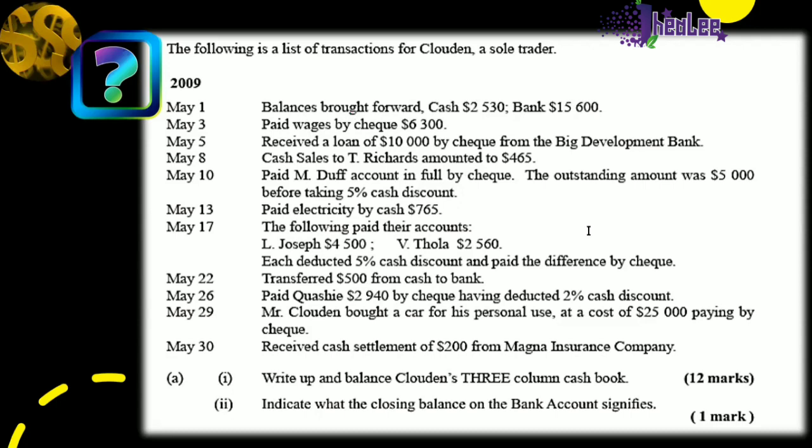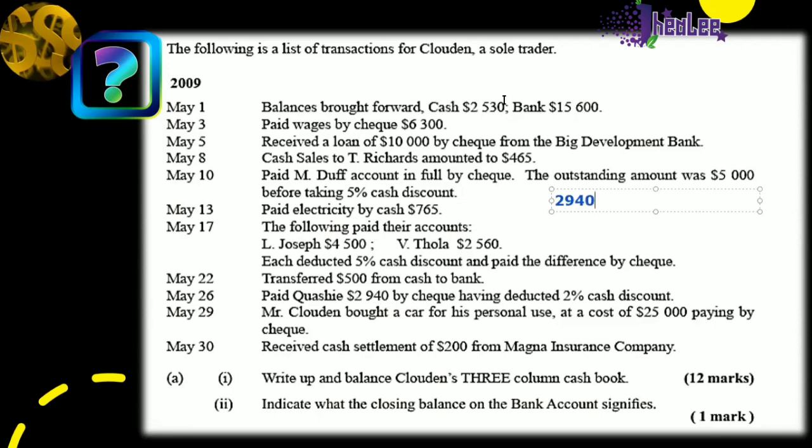So to do that, in the question, the transaction, you need to pick up the actual value that was paid. It could be a case where it was received just the same, but in this case, it was paid. Pick up the actual value that was paid, and this was $2,940.